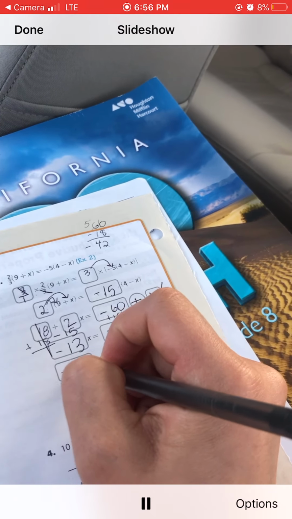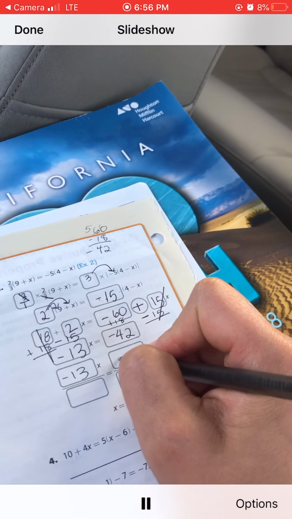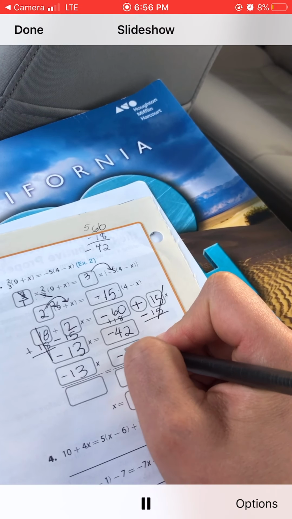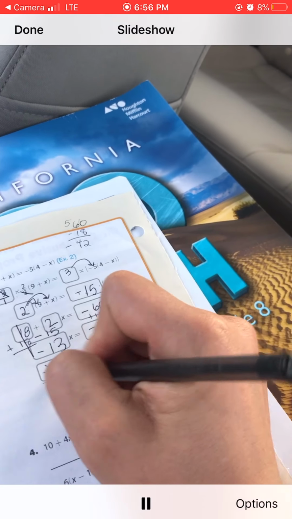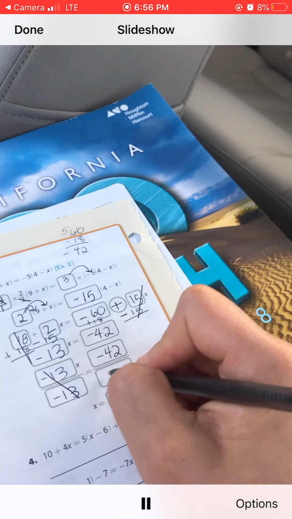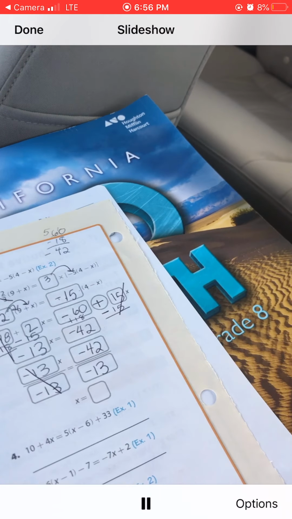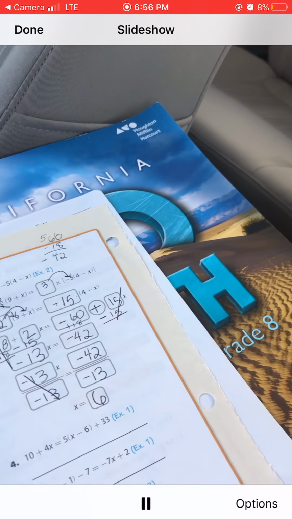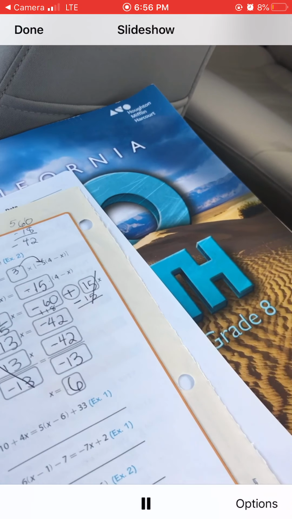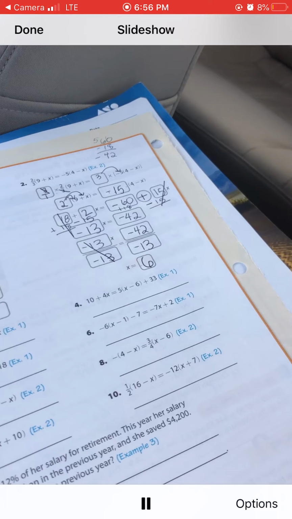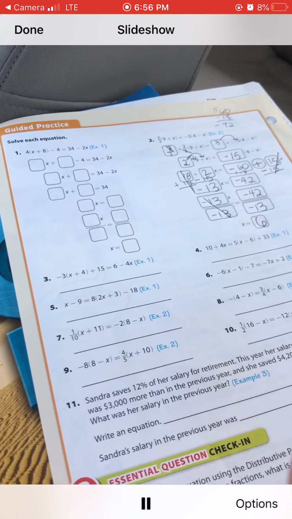Negative 13x equals negative 42. We are going to be dividing by 13x, so we can cancel that out. The same thing with the other equation, and it comes out to be x equals positive 6. Negative divided by negative is a positive. So that's going to be the very first one.